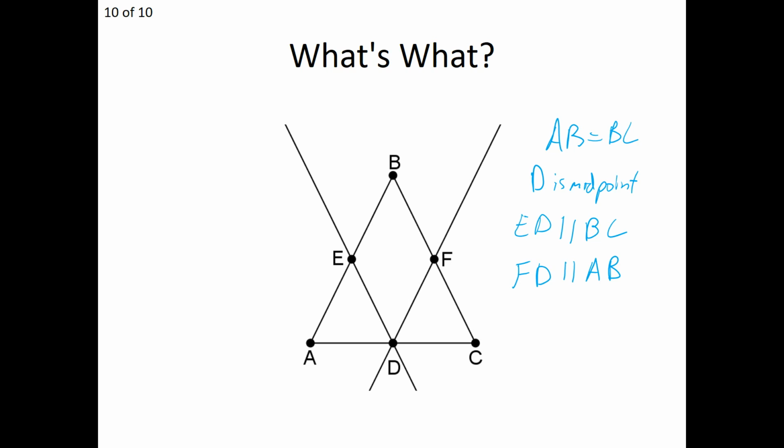And what you're going to prove, and I'll just go ahead and highlight these, is that this triangle here, ADE, and this triangle here, CDF, are congruent to each other. So prove that those two triangles are actually congruent using the information here. We do have parallel lines, we do have a midpoint, and we do have an isosceles triangle. So use that information to arrive at the conclusion that those are actually congruent triangles. And you'll see that on the worksheet.